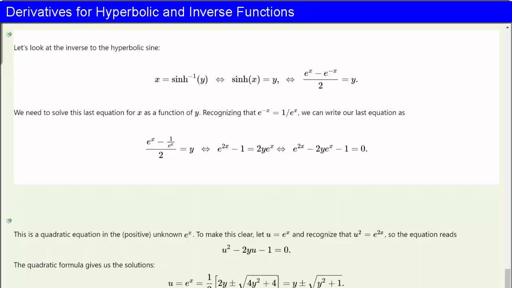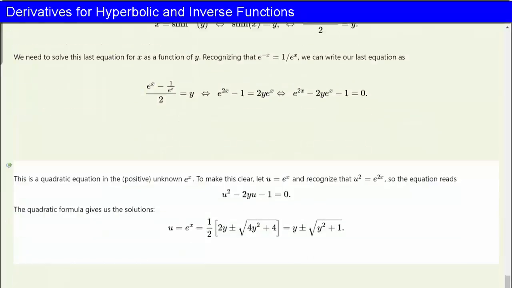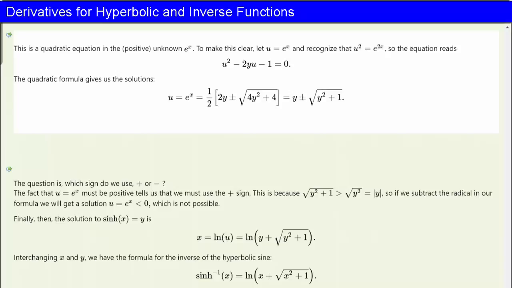Recognizing that e to the minus x is 1 over e to the x, you can write that last expression as e to the x minus 1 over e to the x, all divided by 2, equals y. And you can clean that up to get the equation e to the 2x minus 2y e to the x minus 1 equals 0. This is a quadratic equation in the positive unknown e to the x.